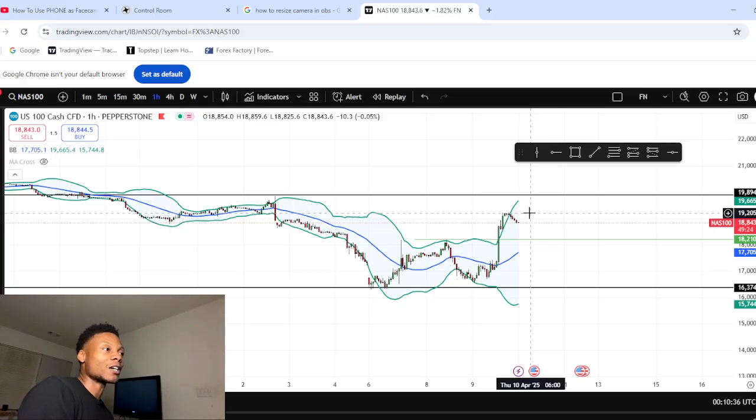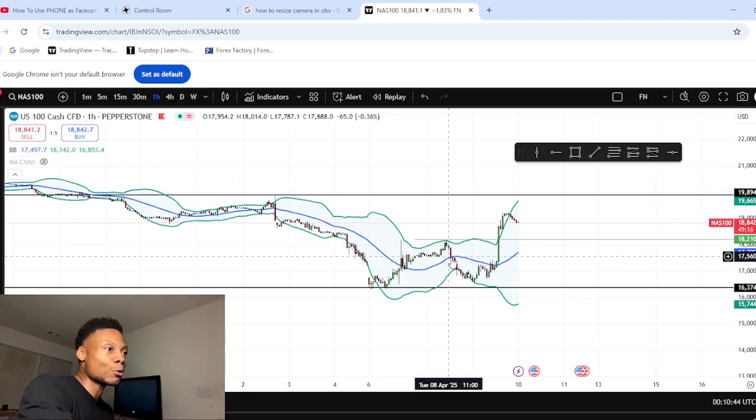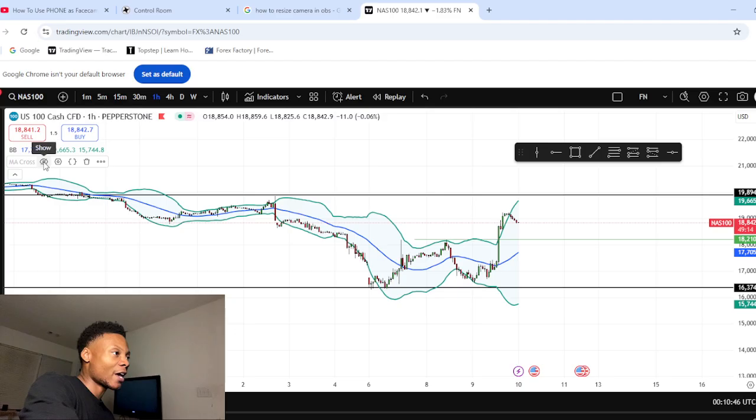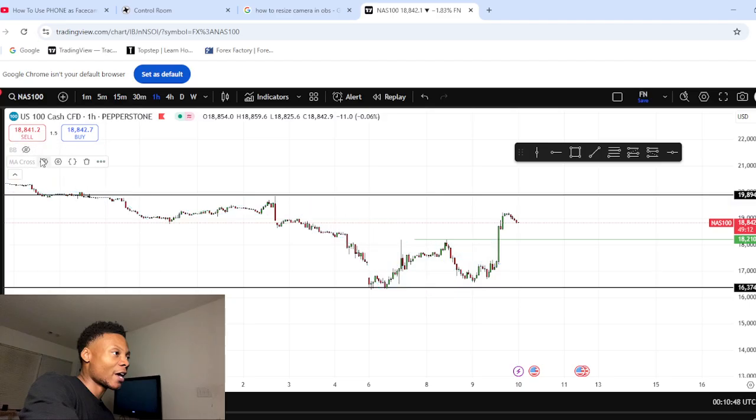So yeah, this pretty much sums up most of it. Oh yeah, I wanted to show the other indicators. So this is the Bollinger Band, and next I'm going to hide the Bollinger Band and show the moving average cross because I'm on TradingView Basic.